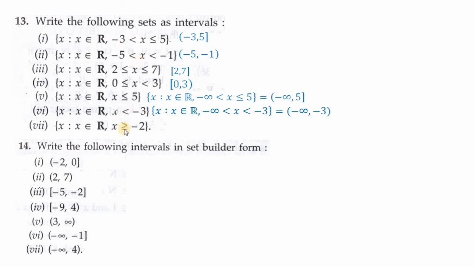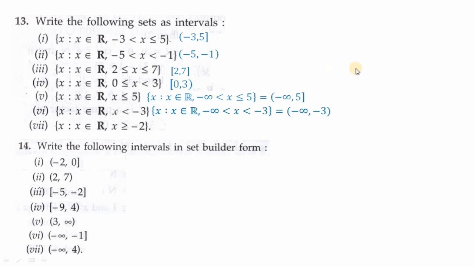If I write this the other way, this becomes minus 2 is less than or equal to x. That means the upper bound is not given. This becomes minus 2 is less than or equal to x, but we don't have the upper limit, right? Since the upper bound is not given, the upper bound has always to be taken as infinity, not minus infinity.